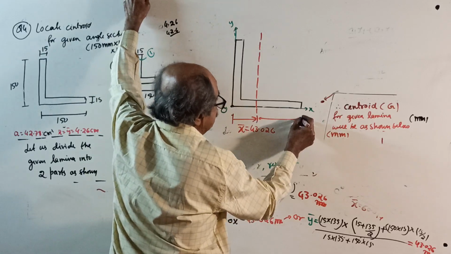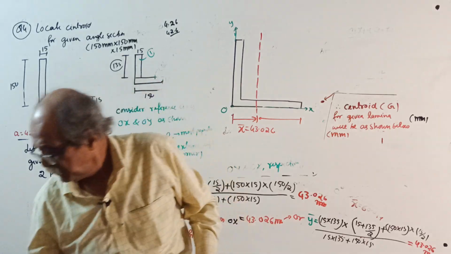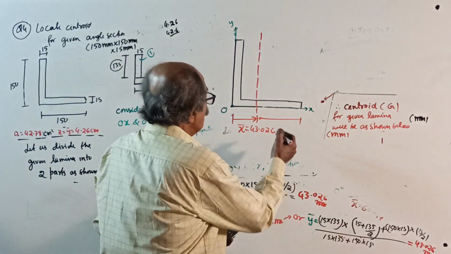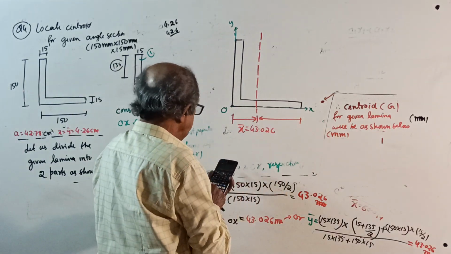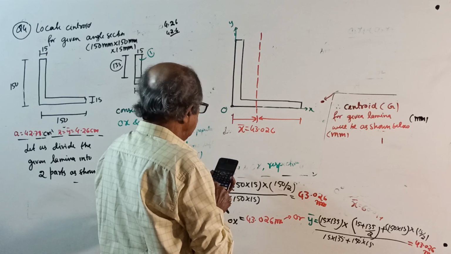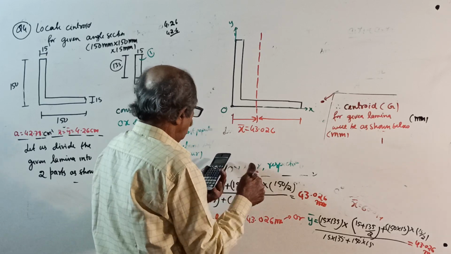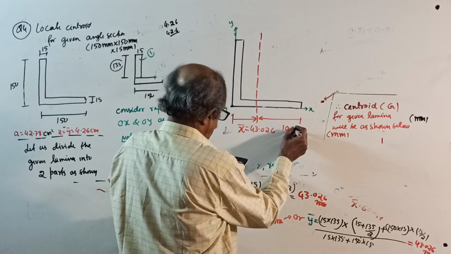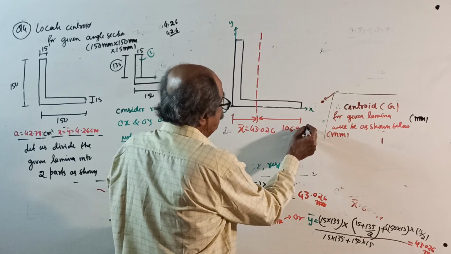If you want this distance, you can calculate: from 150, subtract 43.026, 106.974.